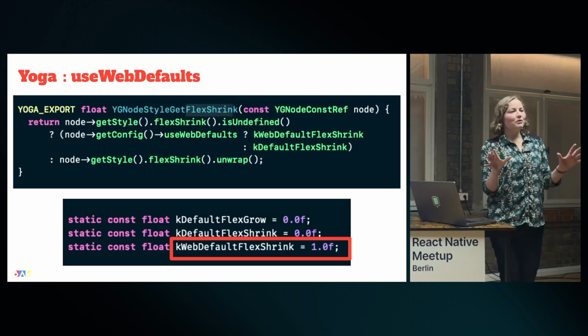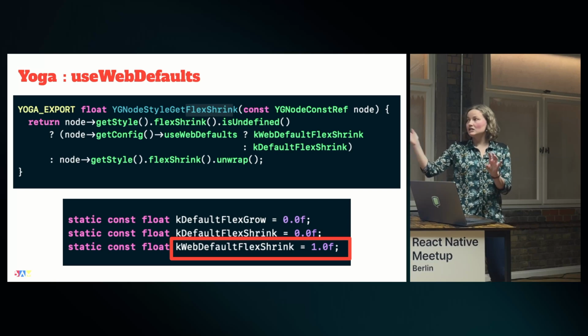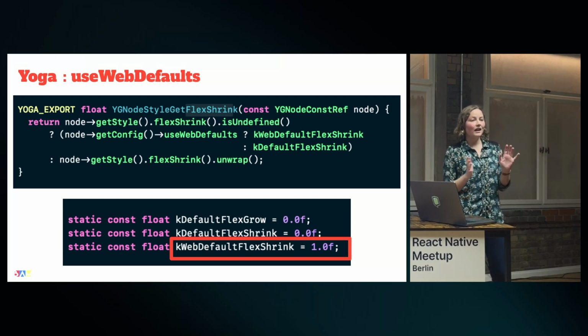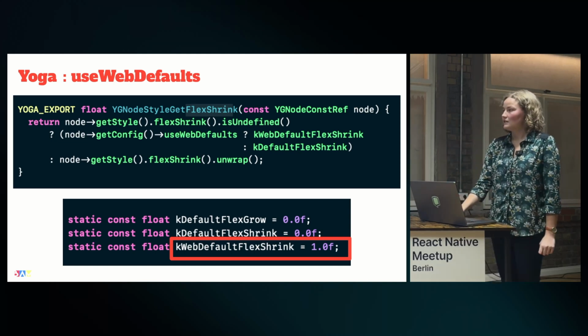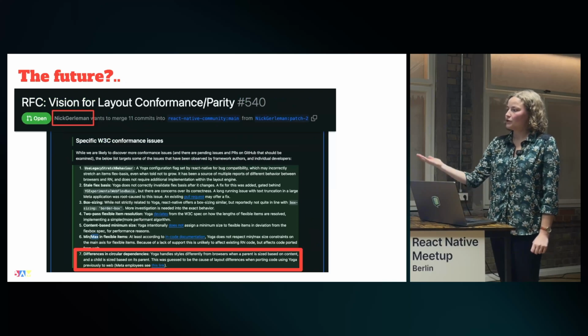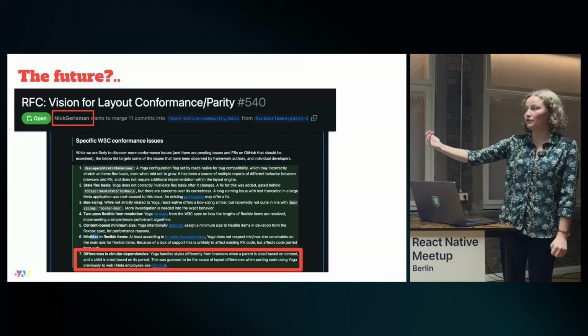So this is the power of Yoga. If you want to connect it to another platform that is not performance consuming when it measures the text, just activate use web defaults, and no developer will get lost with a burger menu going out of screen, just as I did.